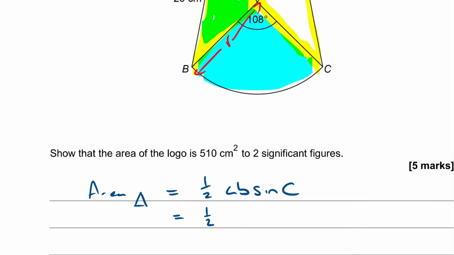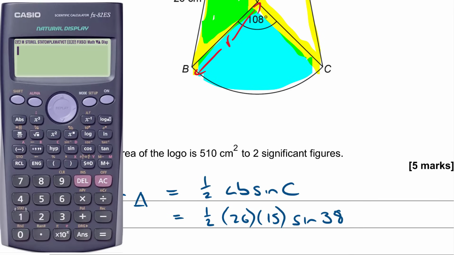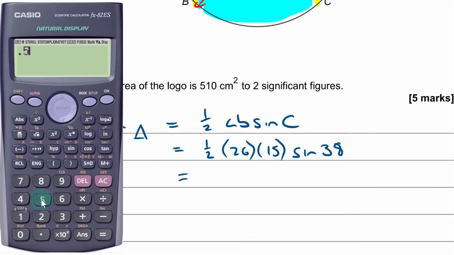So it's going to be a half times A, which is 26, times B, which is 15, times our included angle, sine 38. What's that then? 0.5 times 26 times 15 times the sine of 38. I make that 128.053.